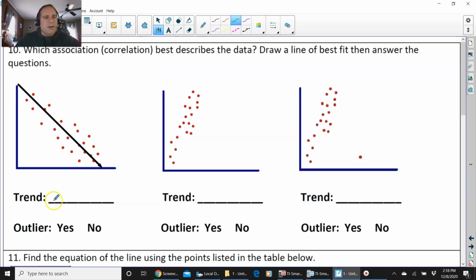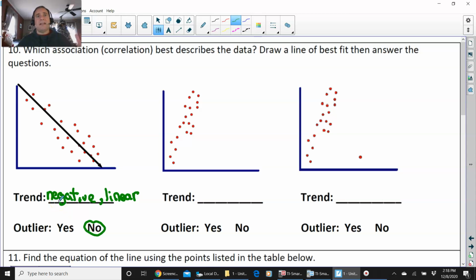All right, so does this have an outlier? No, it doesn't. So this is a negative trend. Negative. And I would say also this is linear.